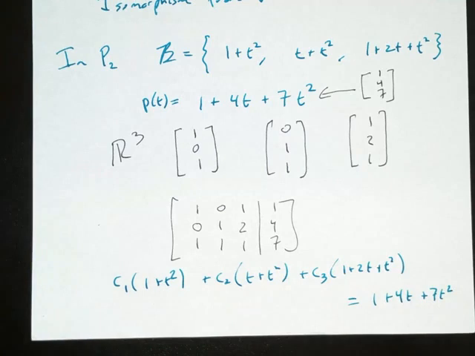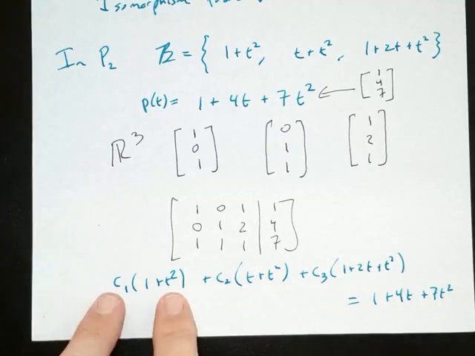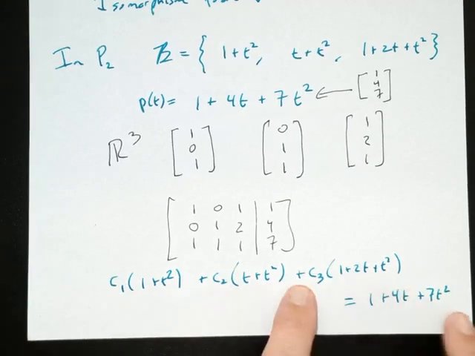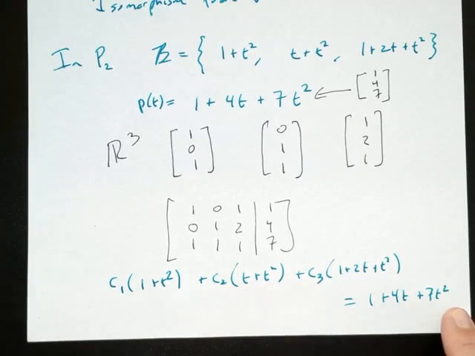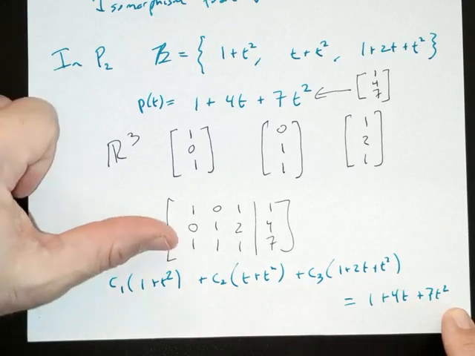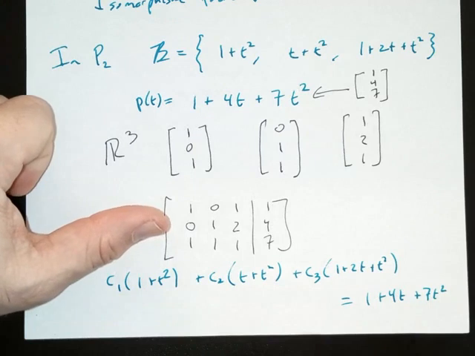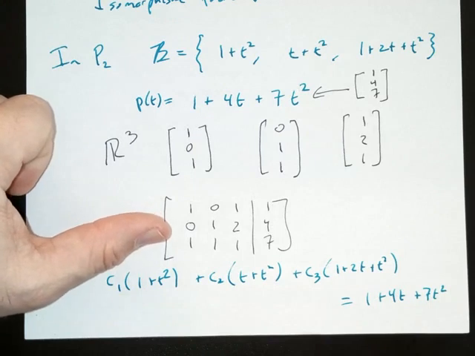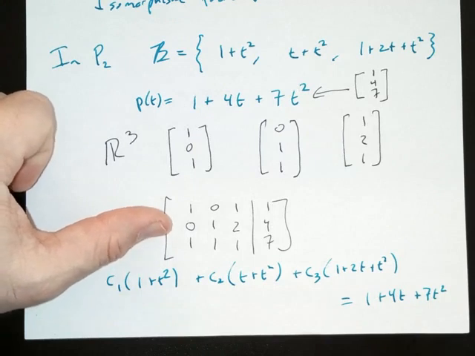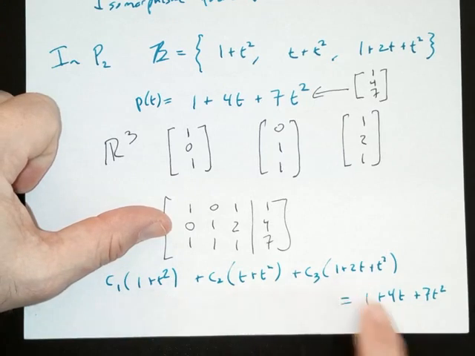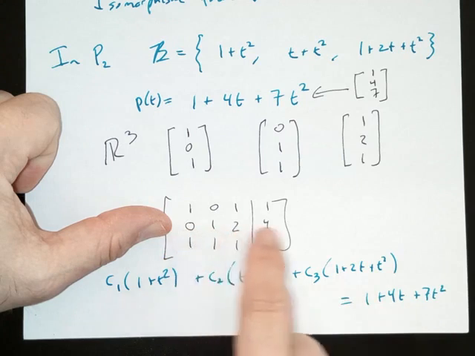And if you gather all the t squared terms, you get C1 t squared, C2 t squared, C3 t squared equals 7t squared. Look at this bottom equation, 1, 1, 1, 7. That's exactly my t squared equation. My middle equation, no t's, 1 t, 2 t's, 4 t's: 0, 1, 2, 4.